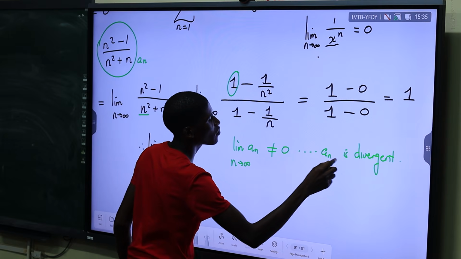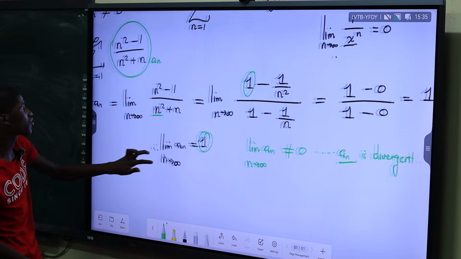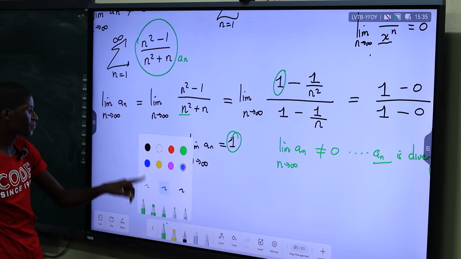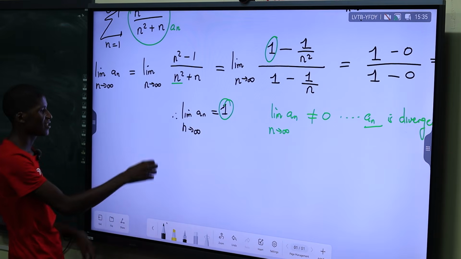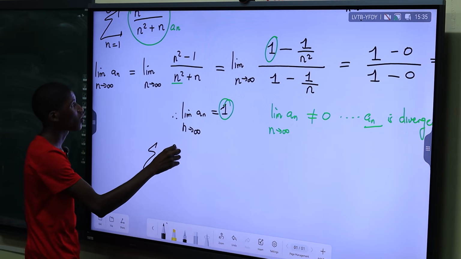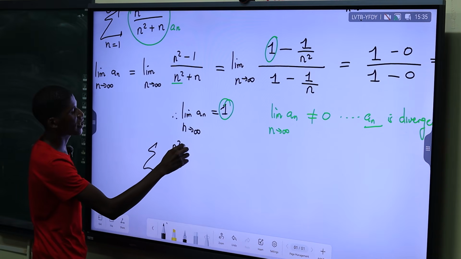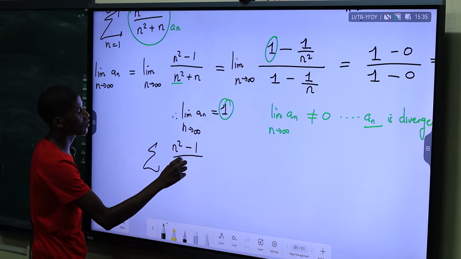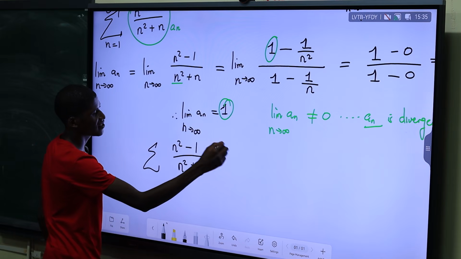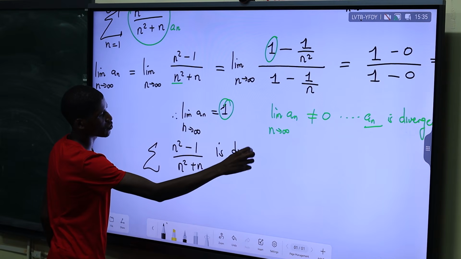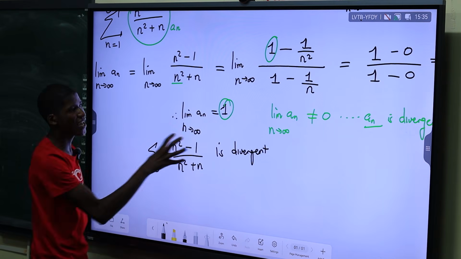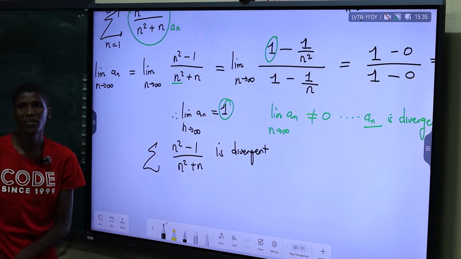So in this case we found out that this is a divergent series. This series of n squared minus 1 over n squared plus n is divergent, because the limit of a_n is giving us a non-zero number.